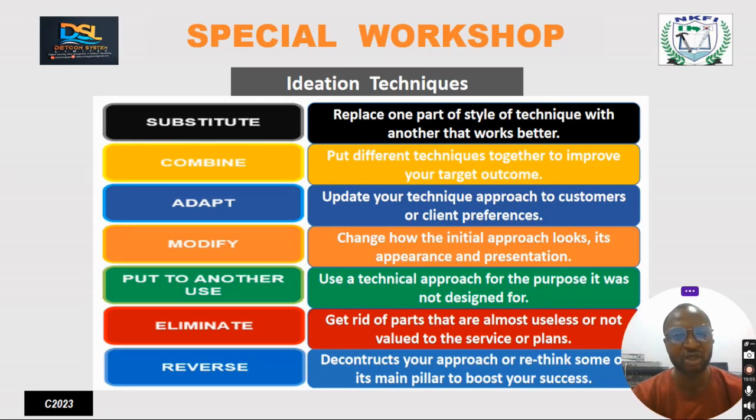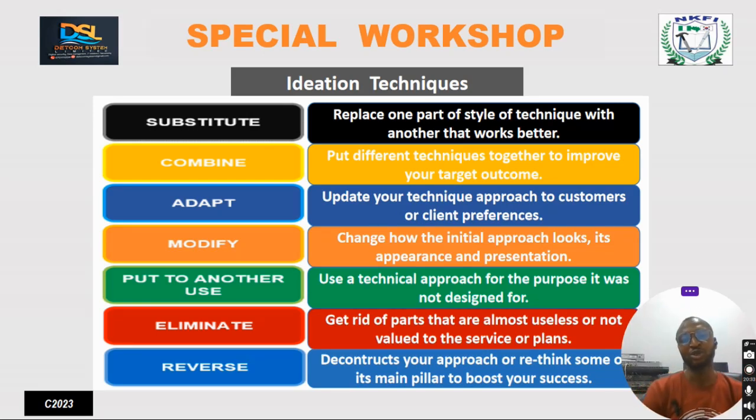Then adapt, update your technique's approach to customers' or clients' preference. If you embark on a project and your customers or the target users of that particular idea do not welcome your product, that means it's of no use. You have wasted your time and energy already.